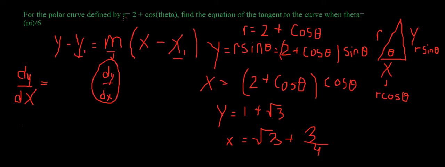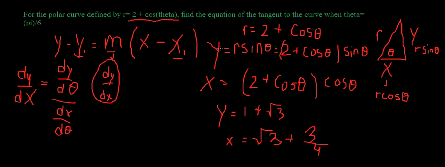Converting this whole equation into a Cartesian formula would not be the right track. The right track would be knowing that dy dx is the same as dy d theta over dx d theta, right?